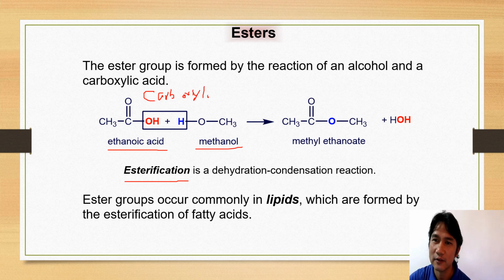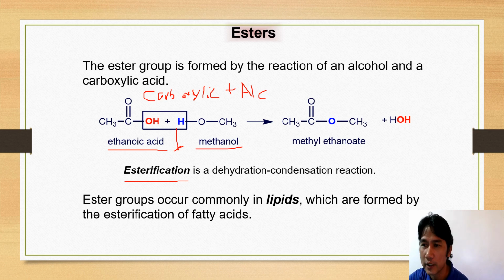Carboxylic acid plus alcohol, that's how you form an ester. So here you have ethanoic acid plus methanol. Water is removed. This is water. And you notice that the product is called methyl ethanoate.